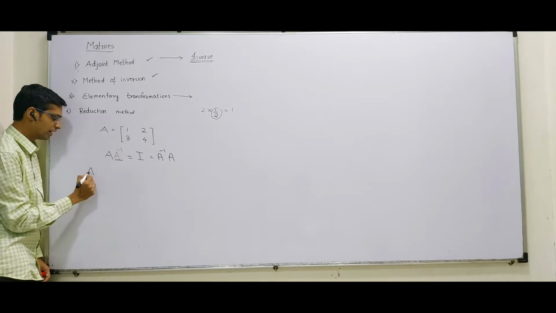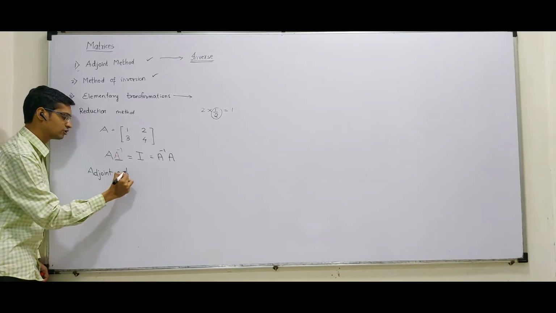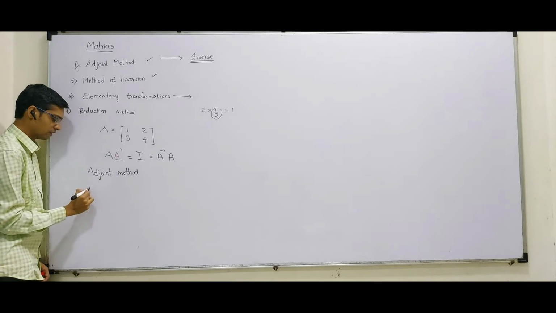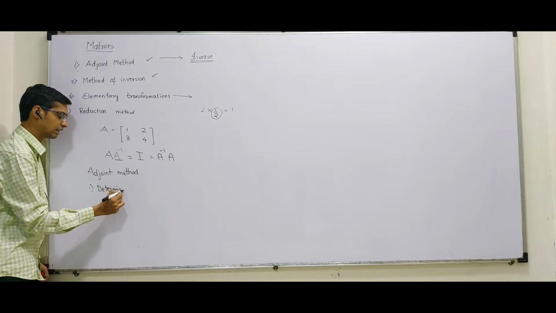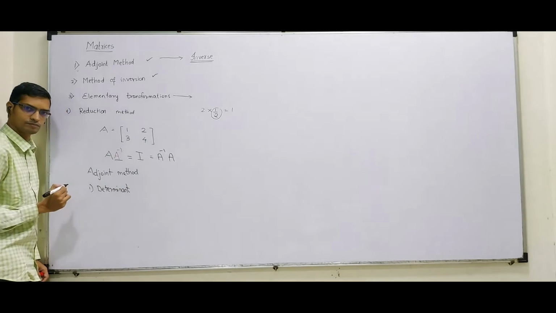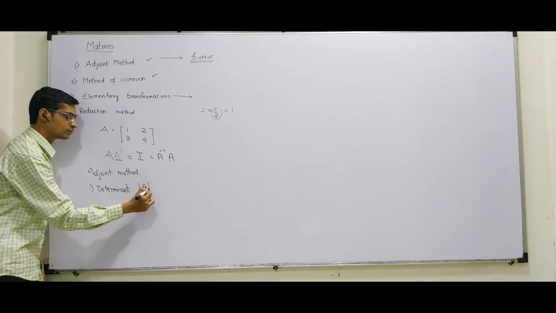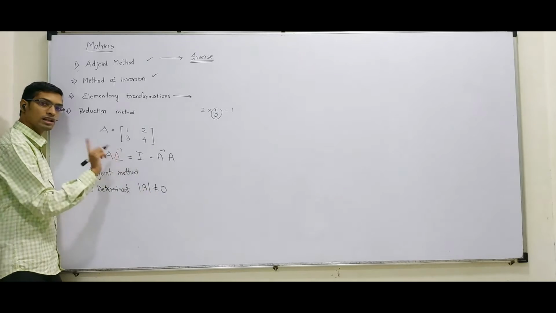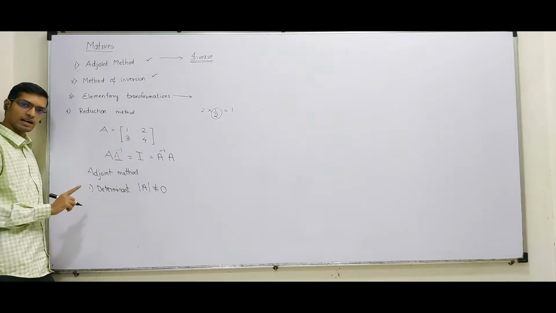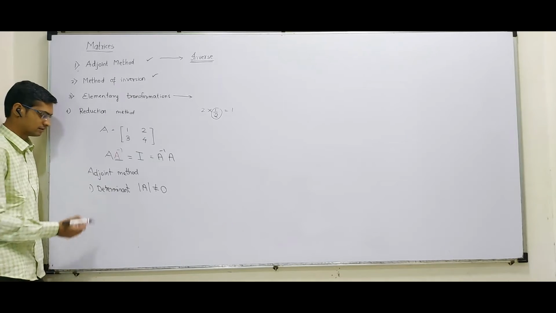So for the adjoint method, what you are supposed to do, let us see. For the adjoint method, you will first find the determinant of the matrix. And for inverse to exist, determinant should not be equal to 0. अगर determinant 0 नहीं आया तो ही inverse आएगा. अगर determinant 0 आता है, inverse does not exist.